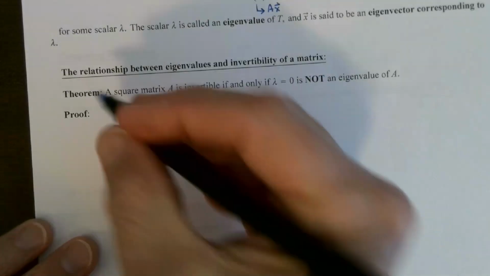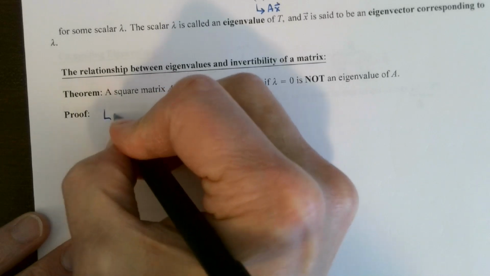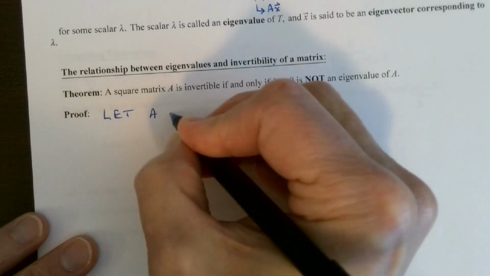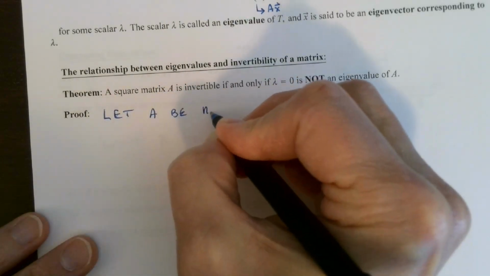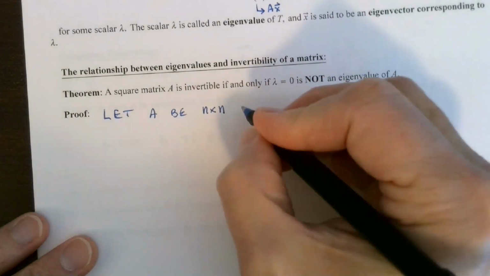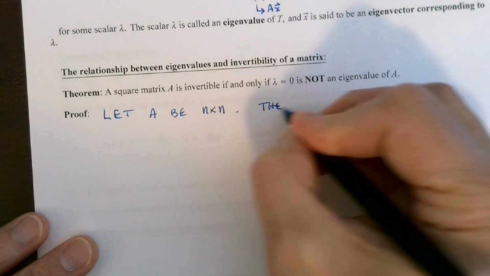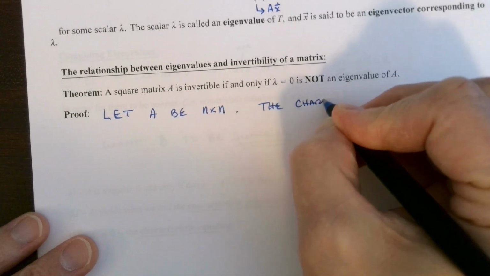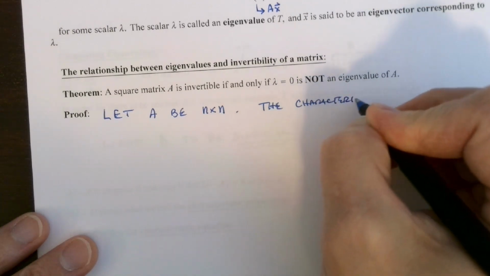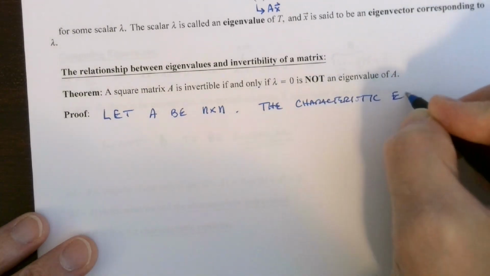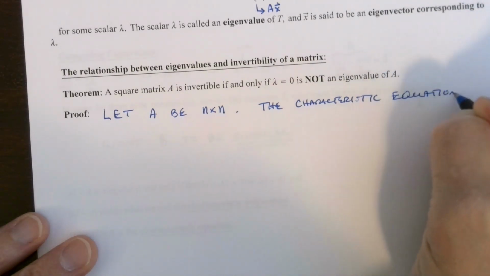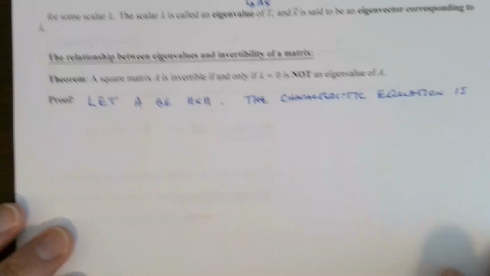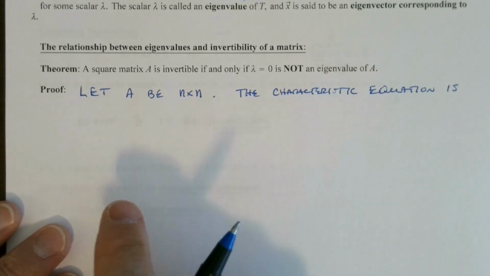Okay, so the proof goes like this. Let A be n by n. And then I want to look at the characteristic equation. Remember, it's a polynomial in the variable lambda.